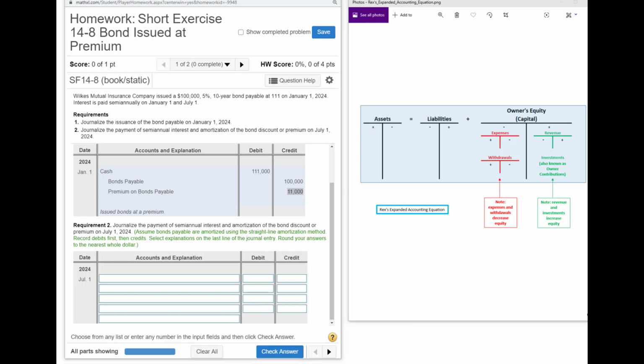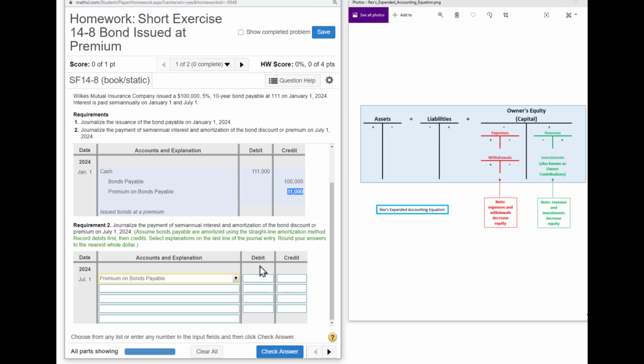So first of all, how do I get rid of this premium? Am I going to debit it or credit it? To get rid of this premium, you need to debit it. So we need to take this 11,000 and divide it over 10 years, and then divide that by 2, because we amortize this bond every time we pay interest on the bond. And how often do we pay interest?